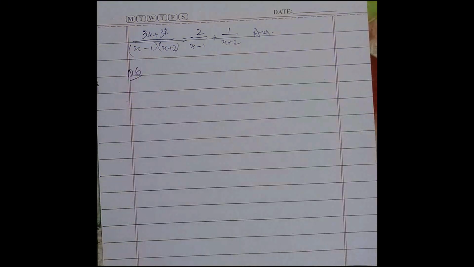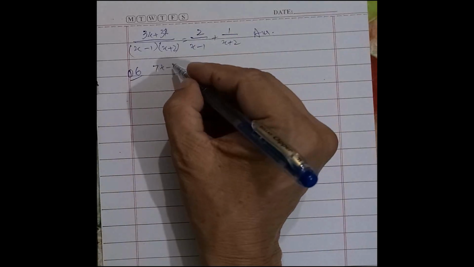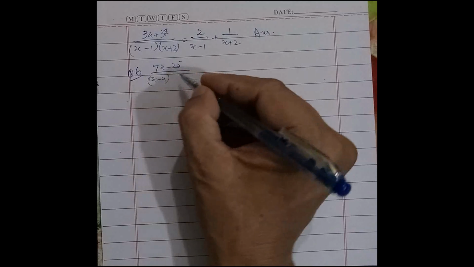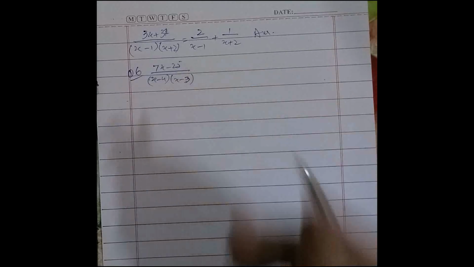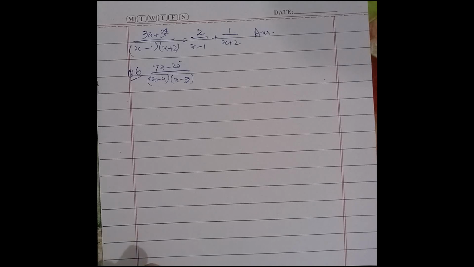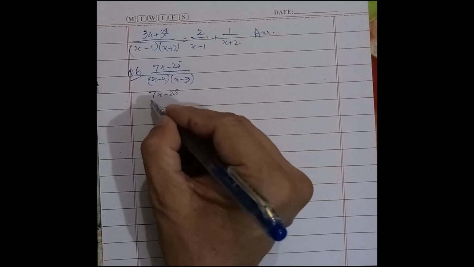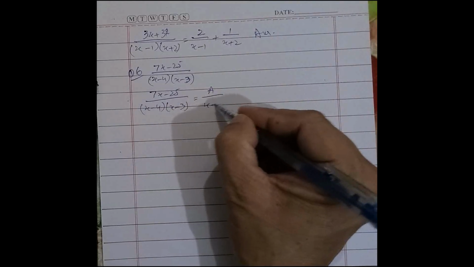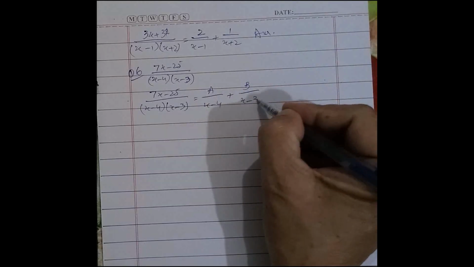Now we start question 6, in which the question is 7x minus 25 over x minus 4 into x minus 3, and then we solve it. 7x minus 25 over x minus 4 into x minus 3 is equal to a over x minus 4 plus b over x minus 3.